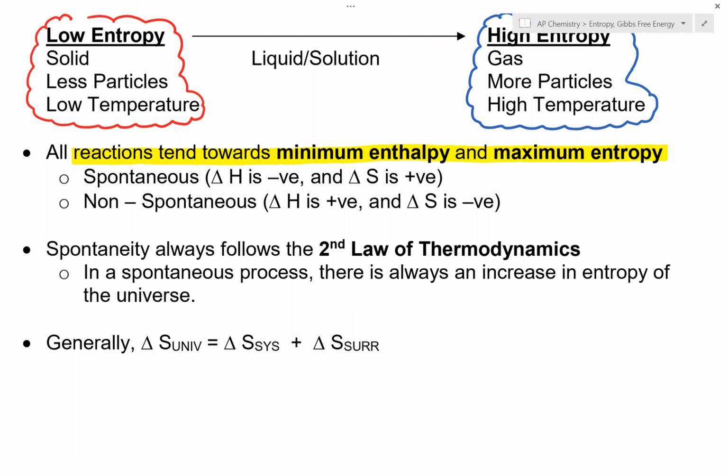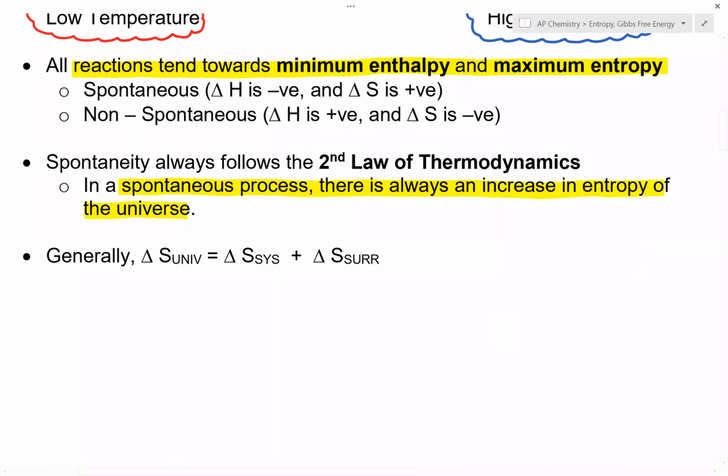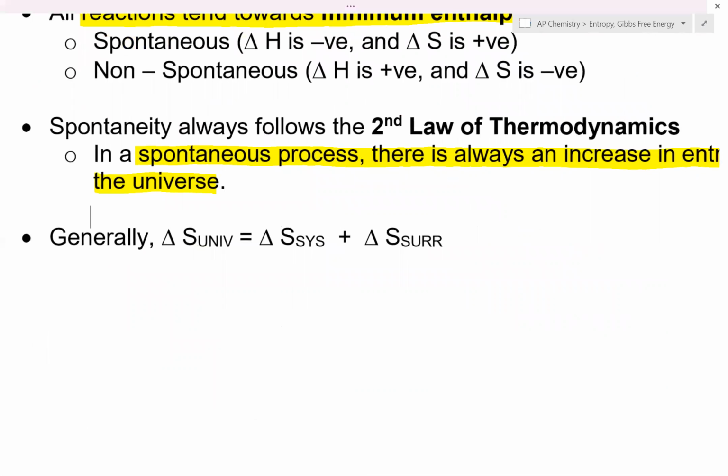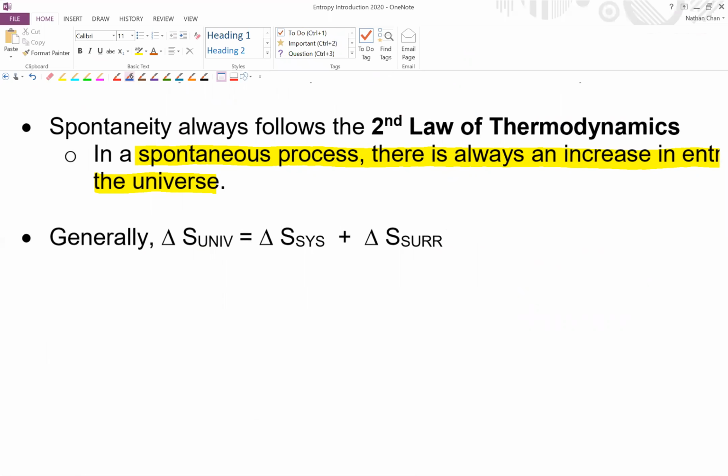In a spontaneous reaction, there's always an increase in the entropy of the universe. So how do we calculate the entropy, or the randomness, of the universe? We take the randomness of the system and we add it to the randomness of the surroundings.